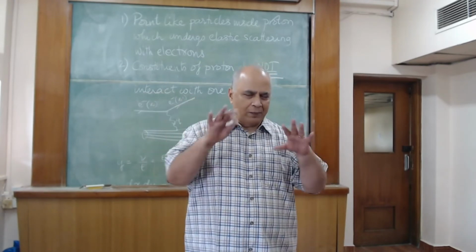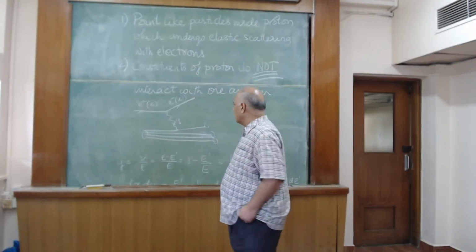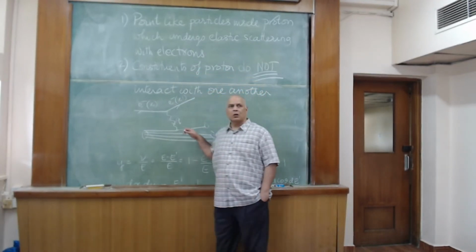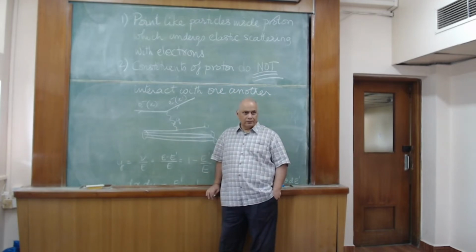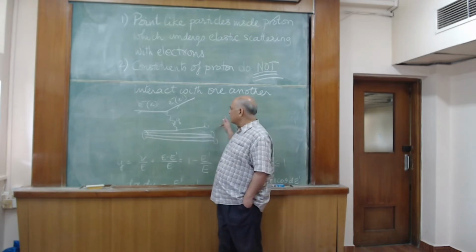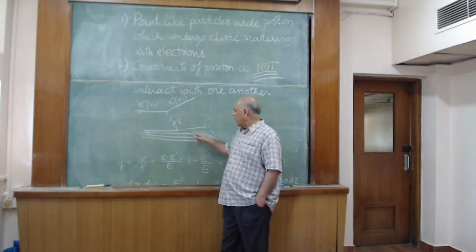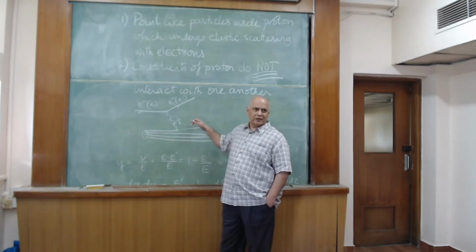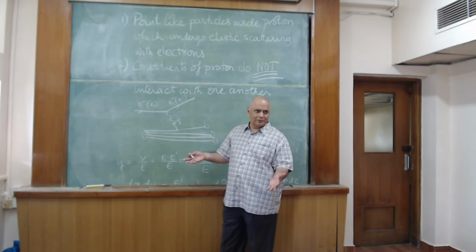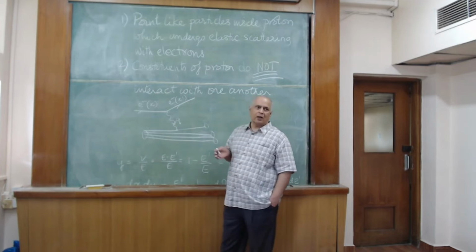I mean, this is a pictorial way of talking, but it interacts with only one of those partons and knocks it out of the proton, so that forms a separate hadron. And the rest of the partons, because one parton is missing, it's no longer a proton. So they somehow combine with other particles to form other hadrons. That is the picture.